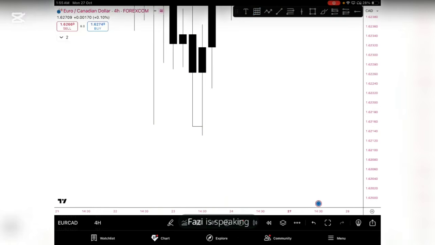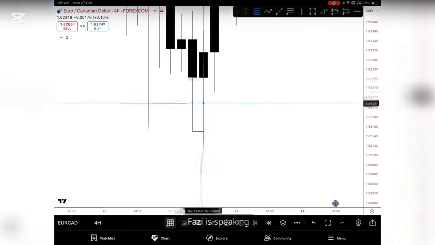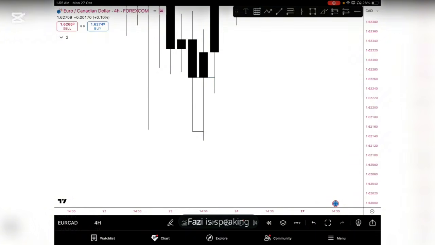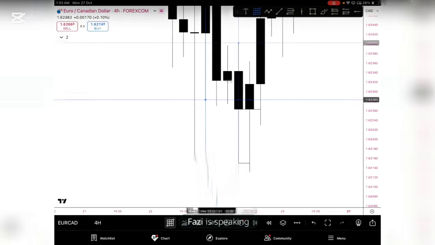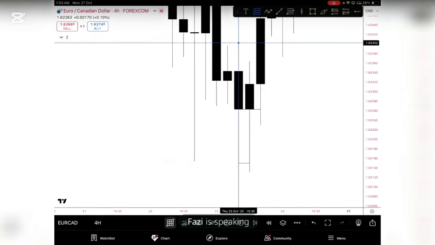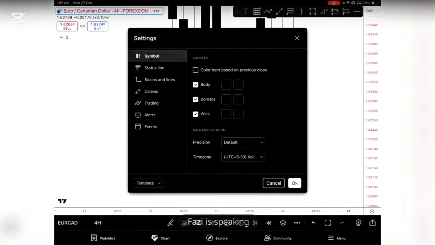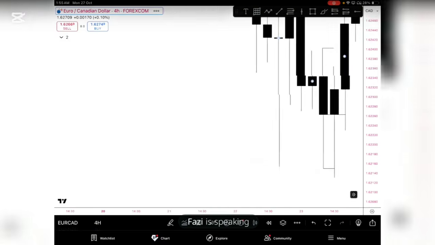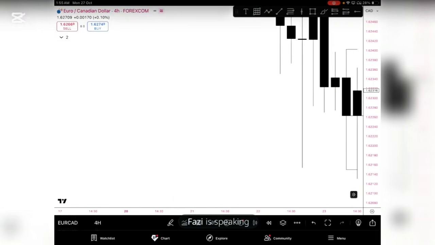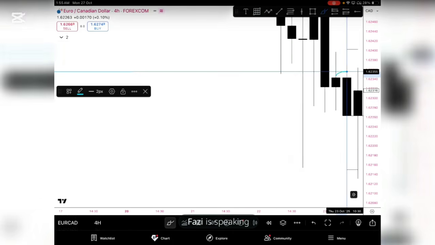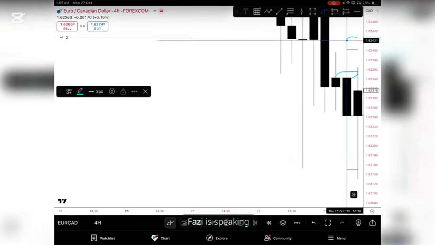We have a sweep here, and what I tell you is, we have a V-shaped key level here. The first candle high should not be taken by the second candle. You can see here, this is the first candle high. When it provided a V-shaped key level, this candle high, the second candle high, should not be taken.